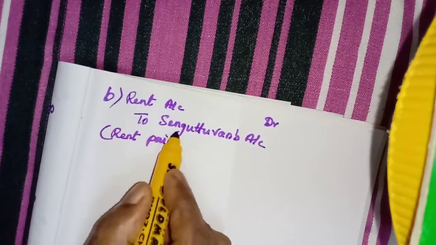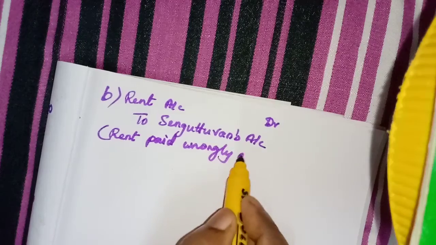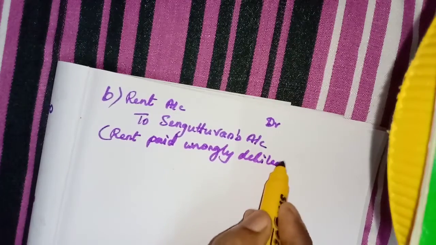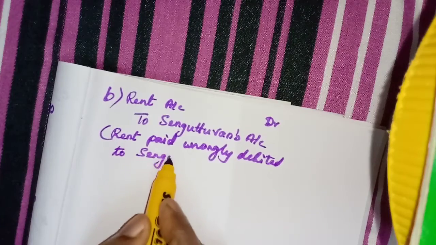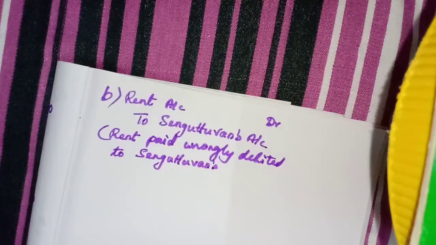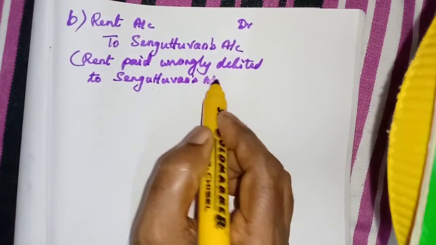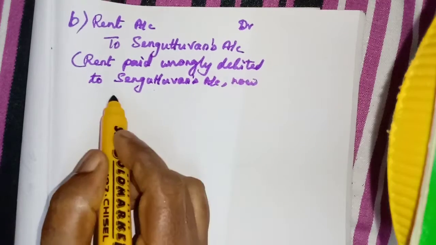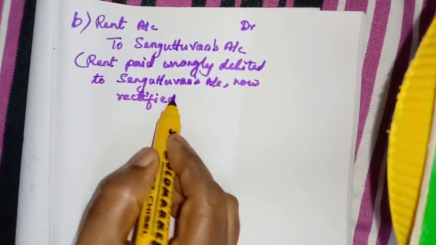Rent paid wrongly debited to Chenguttuvan's account, now rectified. Amount 6,000.